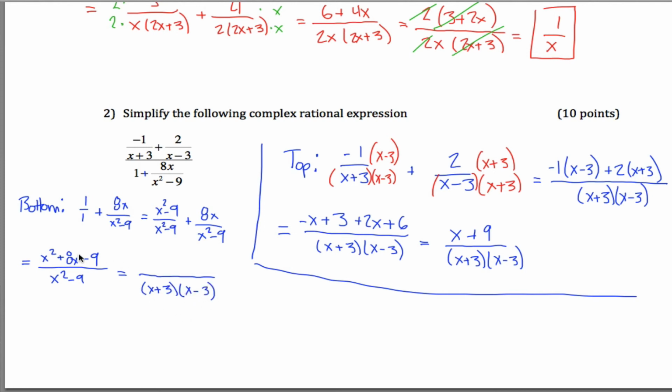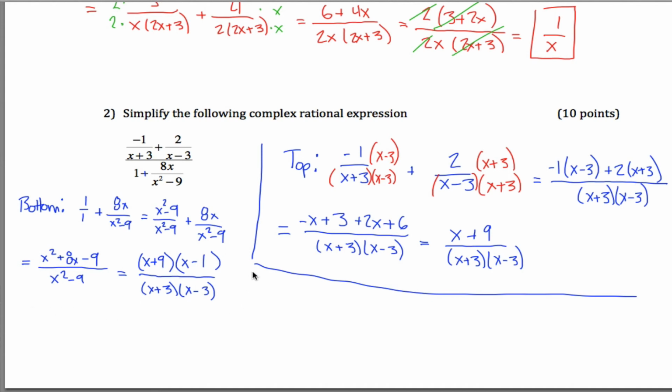The top is a quadratic trinomial, so it's going to factor to look like this because its leading coefficient is 1. What I would have to find are two numbers that multiply to negative 9 and add to positive 8. Let's see, positive 9 and negative 1 will work. So the top factors like this.